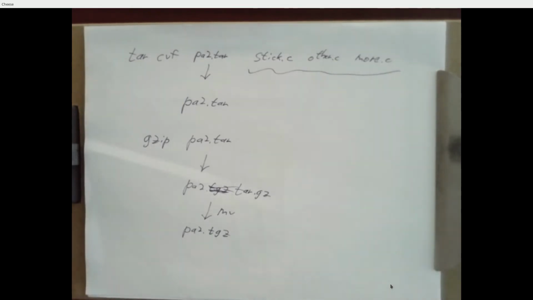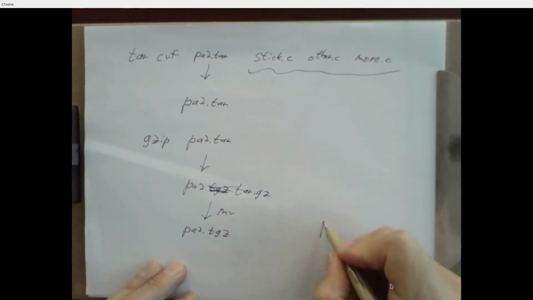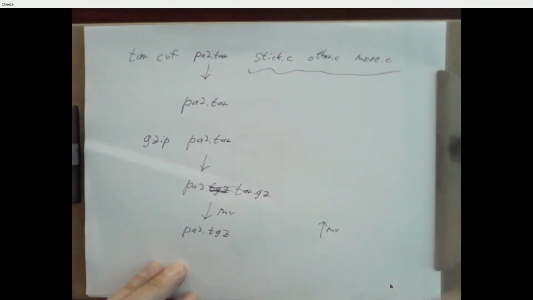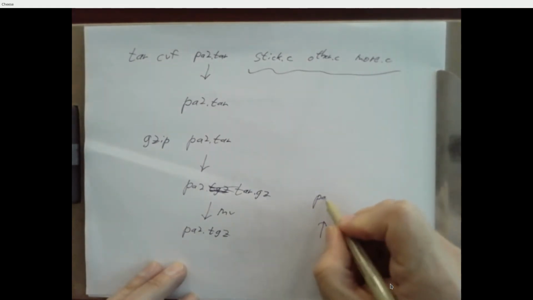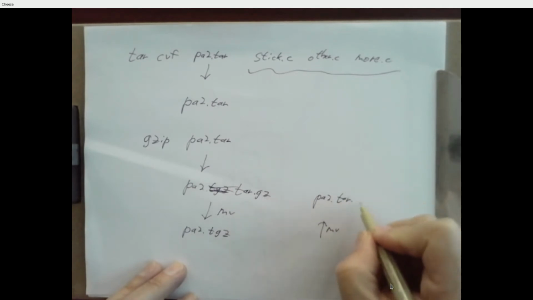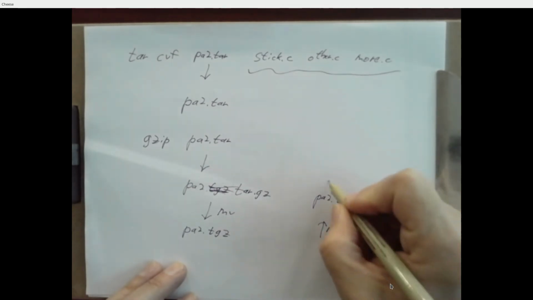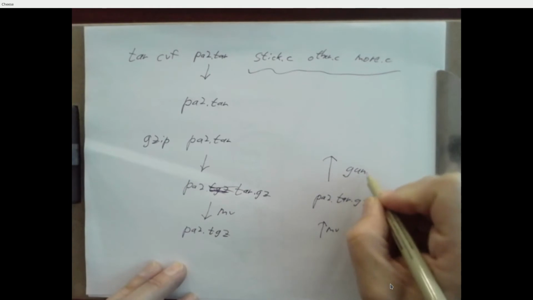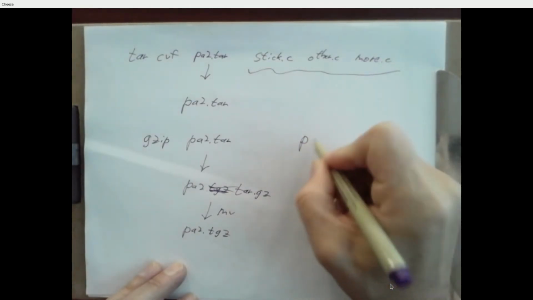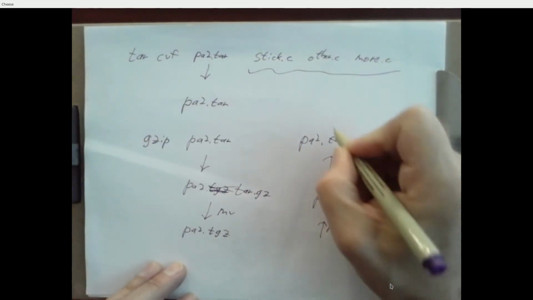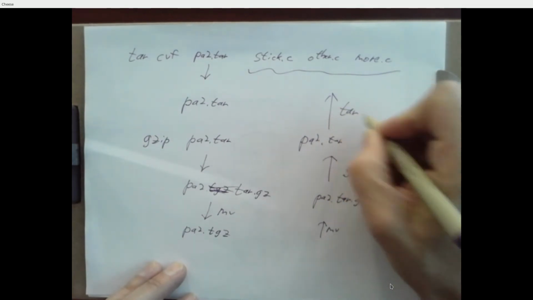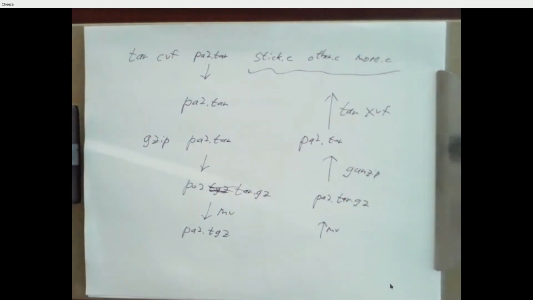Yeah, so the way you undo this, you don't really need to rename it, but rename it to .gz, and then do gunzip. You get back to pa2.tar, and then do a tar xvf, and that gives you back your original files.